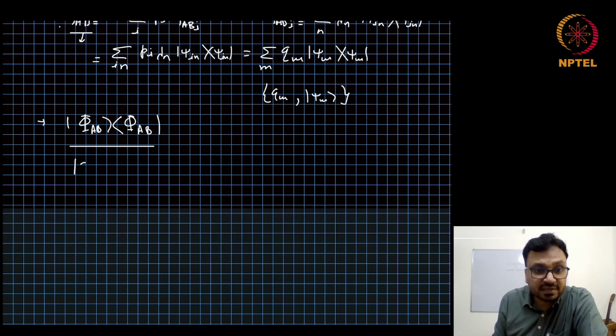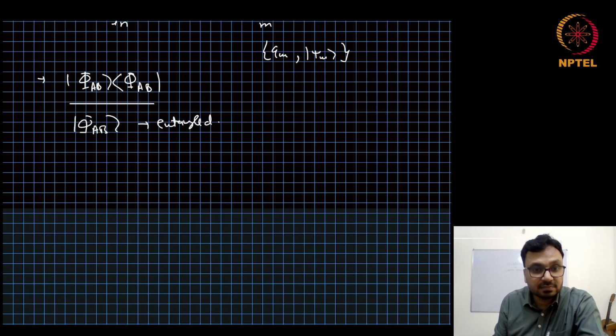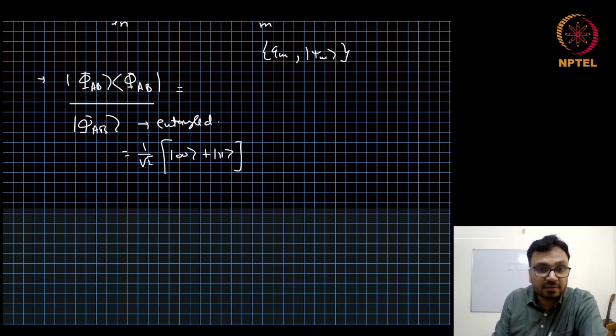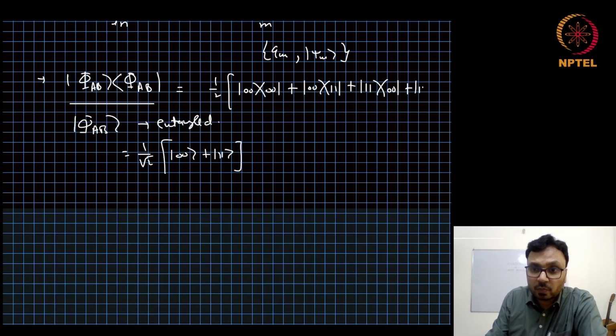Now, if a pure state phi is entangled, let us say phi is, just take an example, 1 over root 2 of |00> plus |11>. Then our phi outer product will be 1 over 2 of |00><00| plus |00><11| plus |11><00| plus |11><11|.